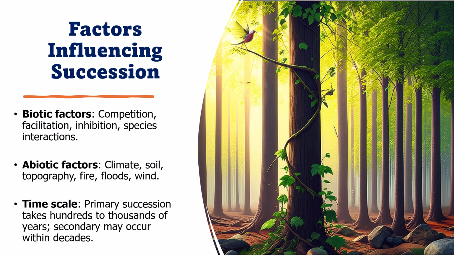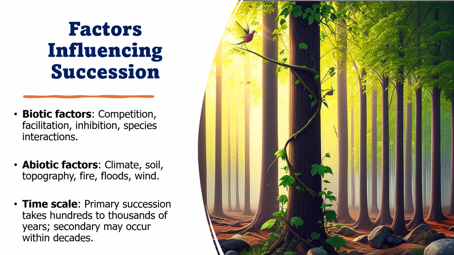Various factors influence succession, which may be biotic and abiotic. Biotic factors include competition among species, facilitation by early colonizers, and inhibition that delays other species' establishment. Abiotic factors such as climate, soil quality, topography, fire, flood, and wind greatly shape the pace and direction of succession.